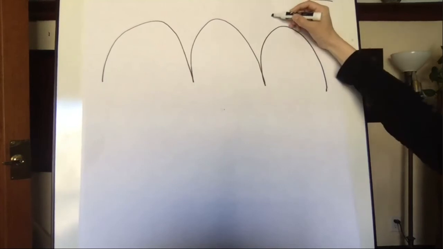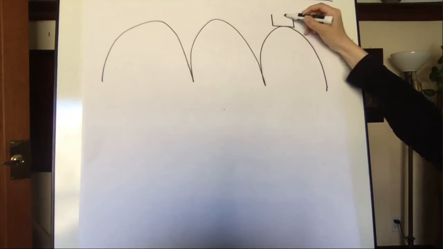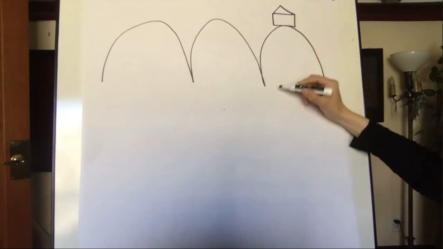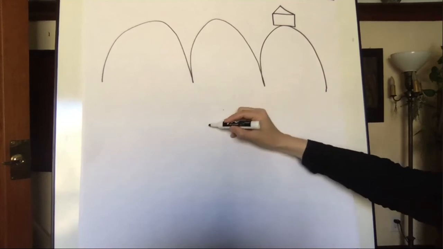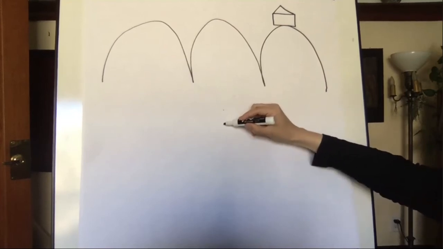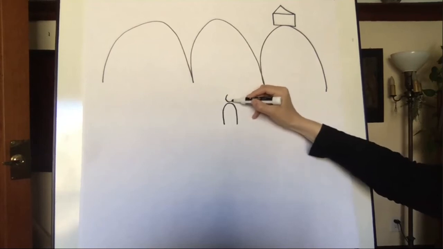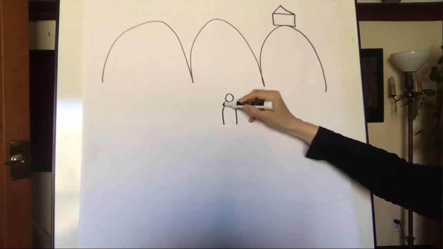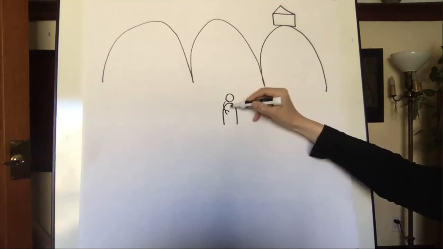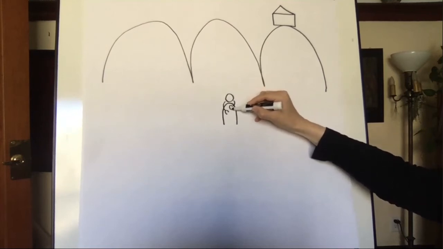And in this country, there's a village. And in that village live a lot of people. And in that village, there is a community health worker. And we recognize them through the stethoscope that they wear.